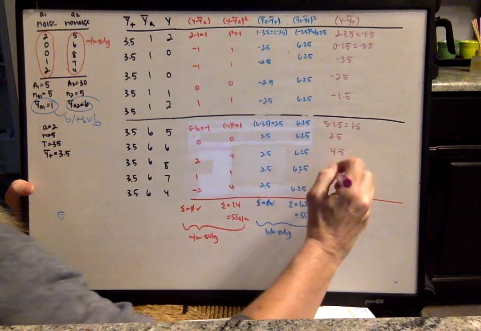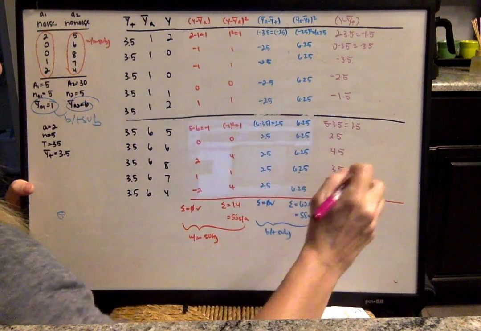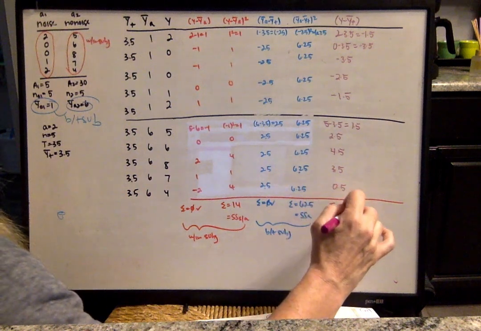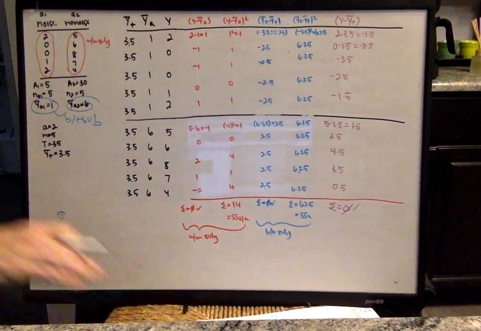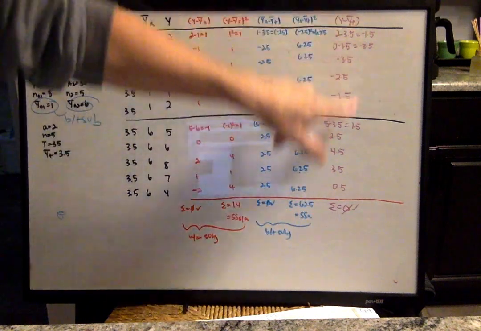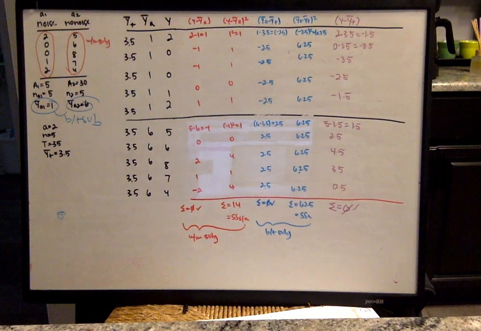And 4 minus 3.5 is 0.5. We're going to add these up, and it should equal 0, just like the sum of the deviations should always be. The sum of this column should always be 0.